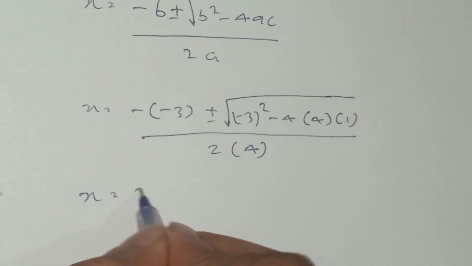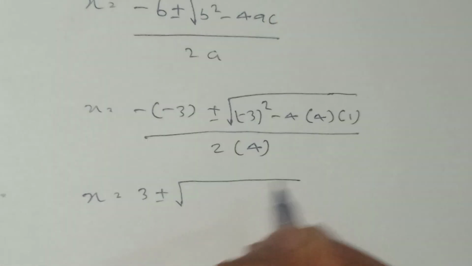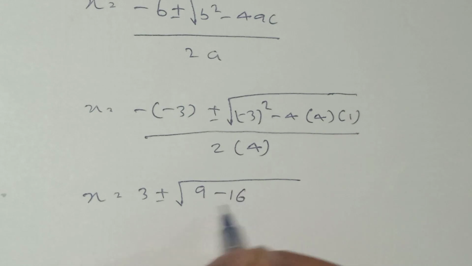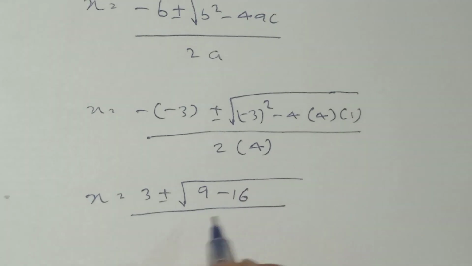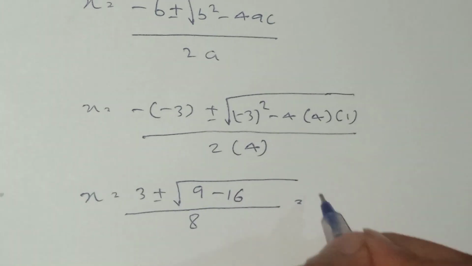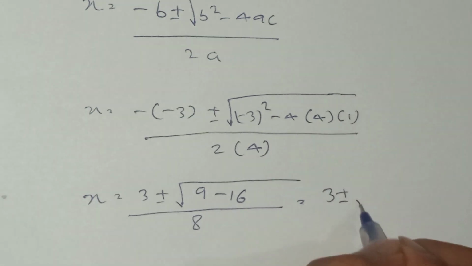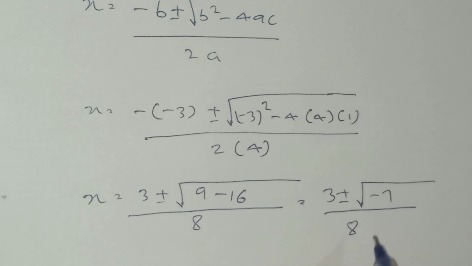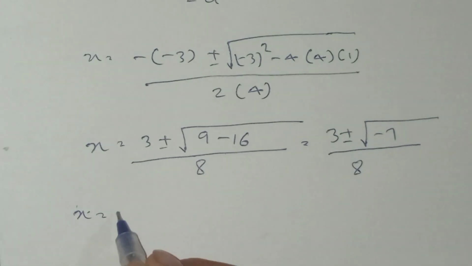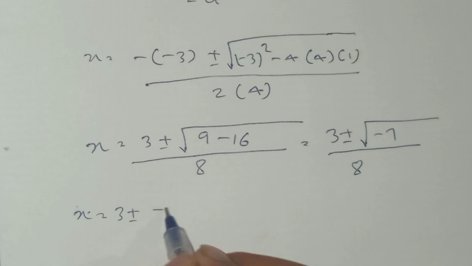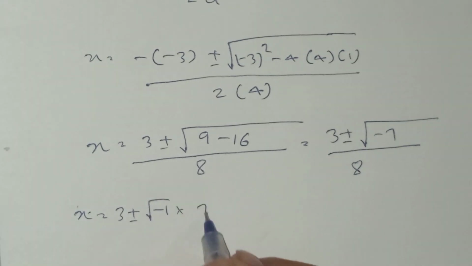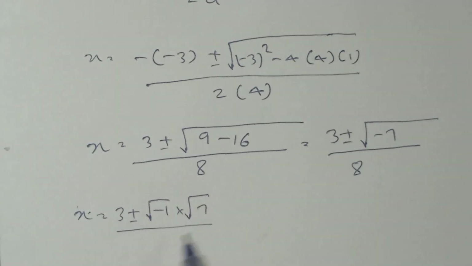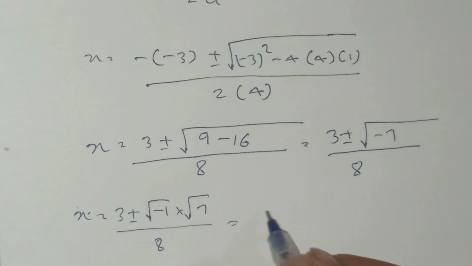Then x equals plus 3 plus or minus square root of 9 minus 16 over 2 times 4, which is 8. It equals 3 plus or minus square root of 9 minus 16, which is square root of minus 7, over 8. Now we can solve for x equals 3 plus or minus square root of minus 7, which equals square root of minus 1 into square root of 7, over 8.